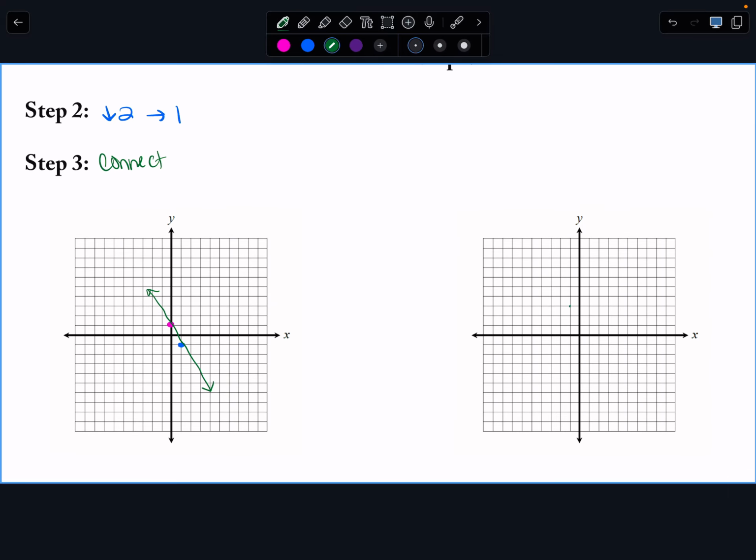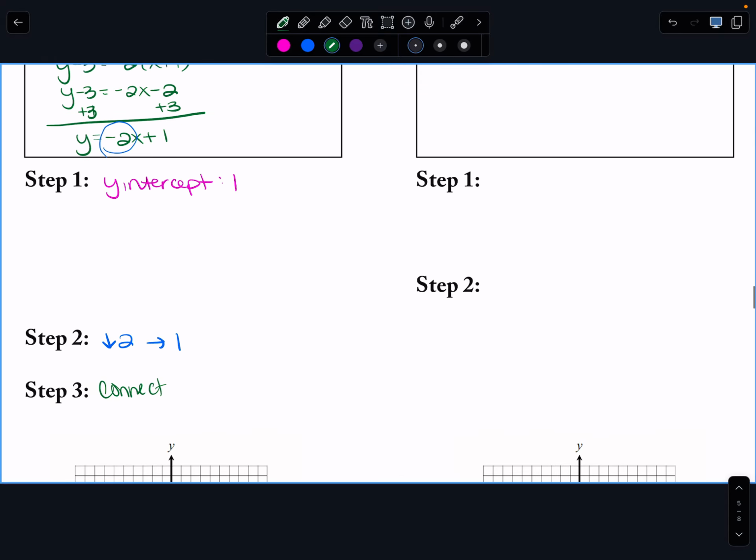Yeah. So that one ends up going this way. The other one ends up going that way. It's the same line. Okay. How does it look like that? It's supposed to be.